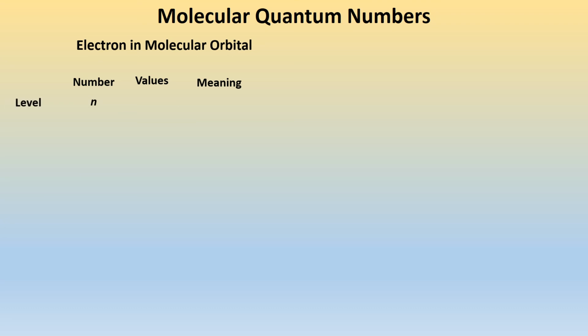It still denotes the energy level of the electron, and it can still have any integer value greater than 0. However, in the case of a molecule, the only electrons which contribute to the bonding are those in the valence shell of each individual atom. Therefore, n values from the lower shells, the closed shells, do not appear.